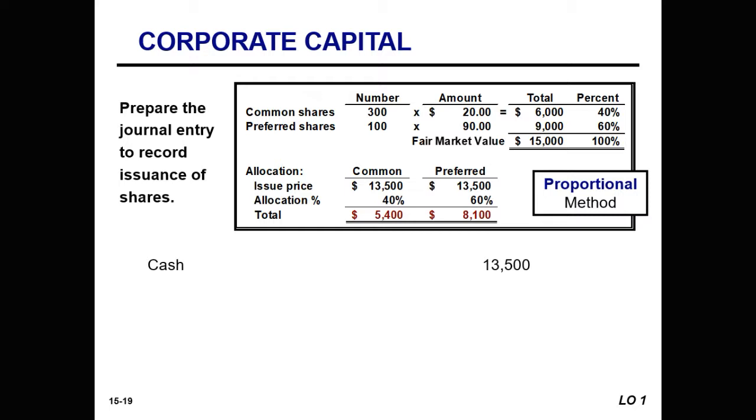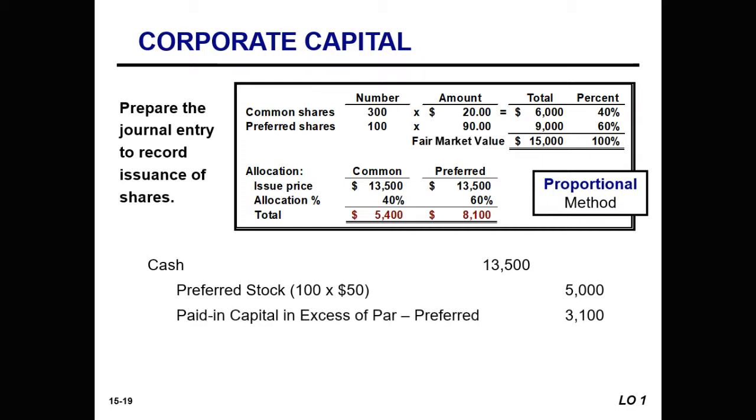We have preferred stock, 100 shares at a $50 par value, so $5,000 is credited to the preferred stock account. We are attributing $8,100 of the $13,500 transaction to preferred stock, so that leaves us with paid-in capital in excess of par preferred of $3,100.